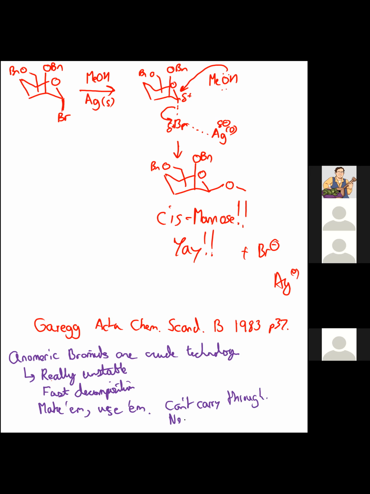You need to use it immediately, which is a little inconvenient. It needs to be the last reaction you do before you glycosylate, to put the bromide in. And that's not as easy. So what we would like is more stable versions of this. Everything else we're going to talk about now is going to be much more stable versions, things that you can carry through chemistry.